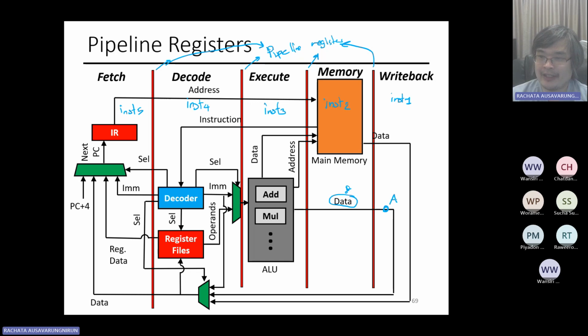Let's say this is point A, this is point B, and this is point C. For point A, should that be the result of instruction 1, 2, or 3?